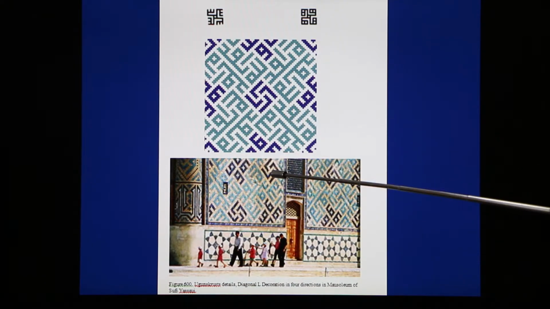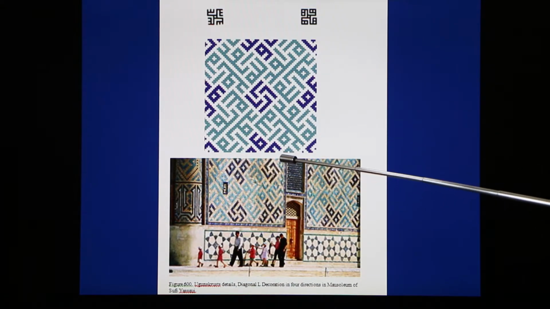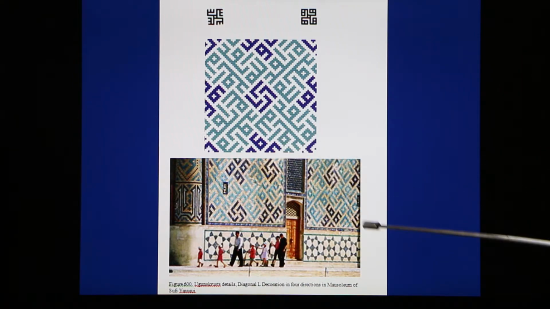So the L is the figure, and the swastika is the ground. And here you have 6s that turn into 9s, and the ground is now a cross. Now, this may just seem to be a complete coincidence, but it's not.